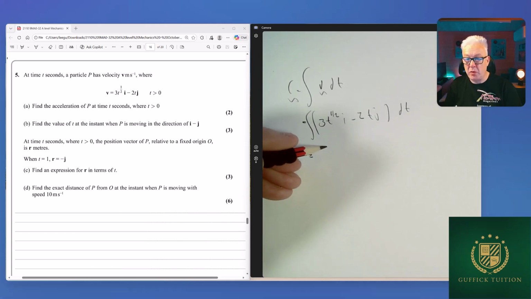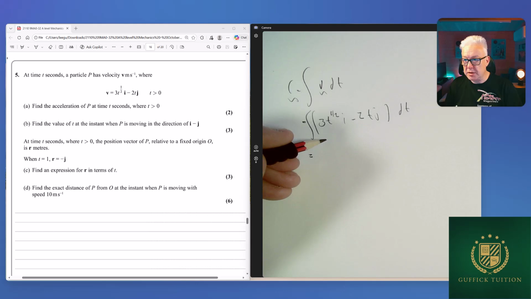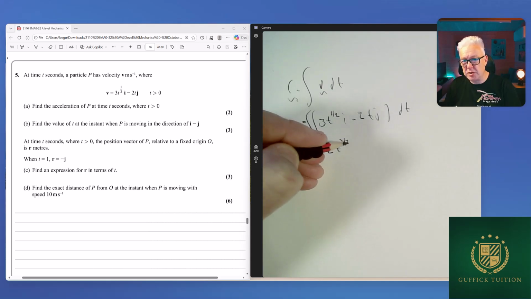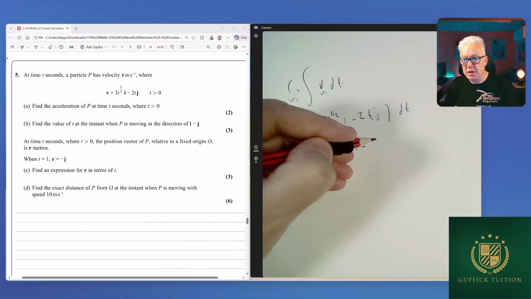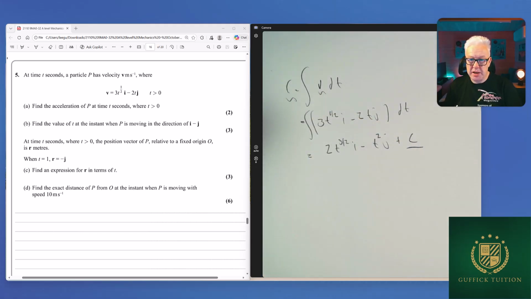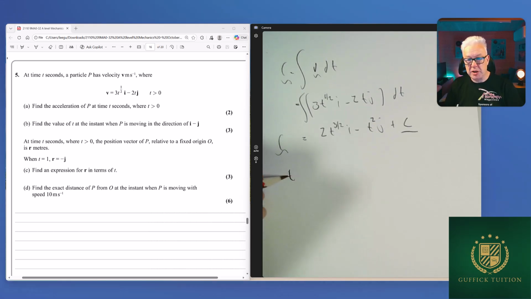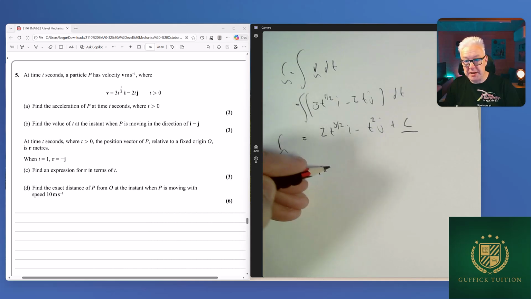So raise the power by 1 and divide by the new power, and we're going to get 2t⁻³ i minus t² j plus c. Remember that plus c is crucial. Okay, so we've got an expression there. That's our general solution. We can now put in our boundary condition, which is our piece of information, in order to work out what c is now.